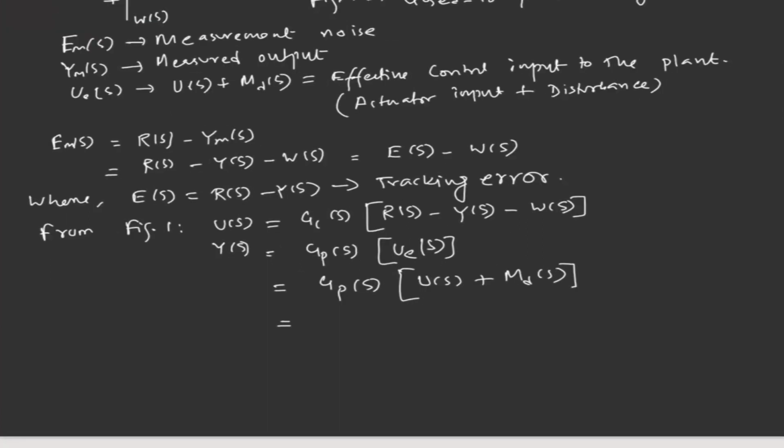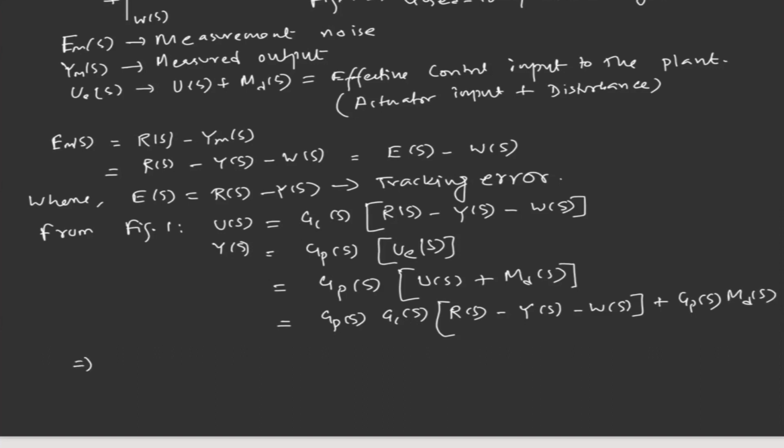If you expand this expression, we can further write GP of S, GC of S into RS minus YS minus WS, plus GP of S into MDS.